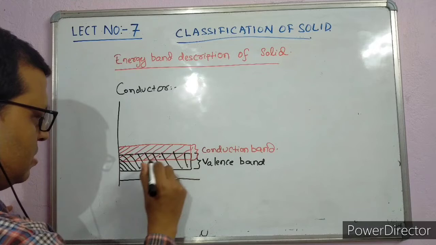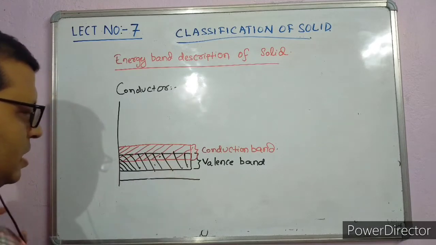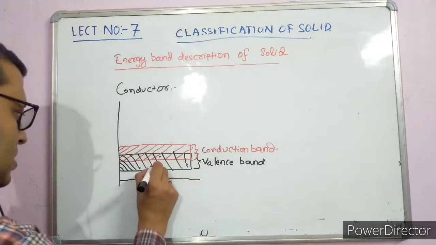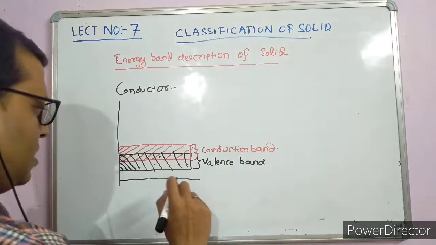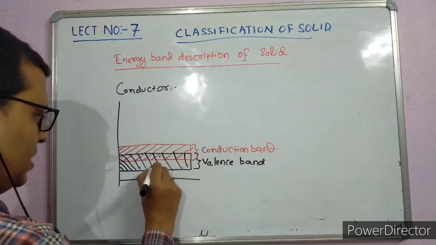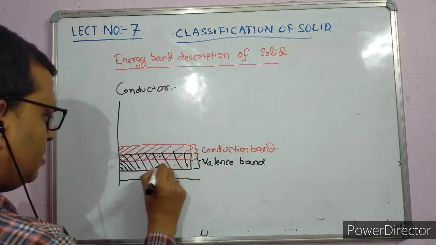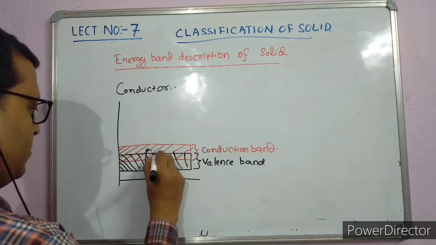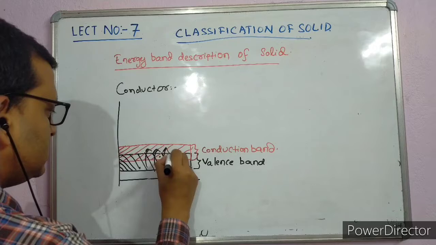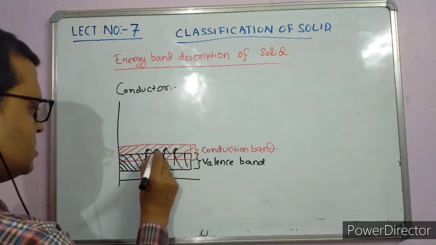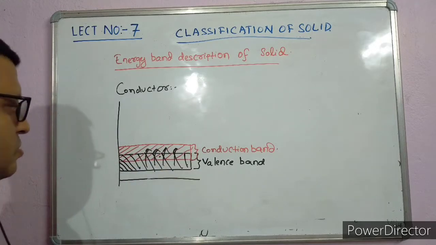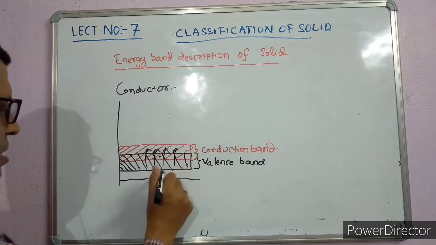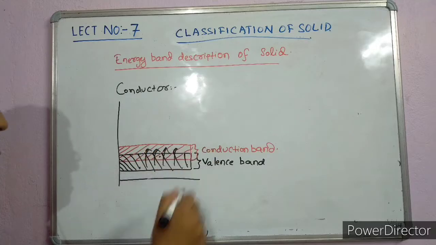Okay, so let us consider another electron somewhere here, outside of this region. If we apply a small amount of potential difference to the valence band, the electrons which are present over here can easily be made to go to the conduction band, because this distance is very less.